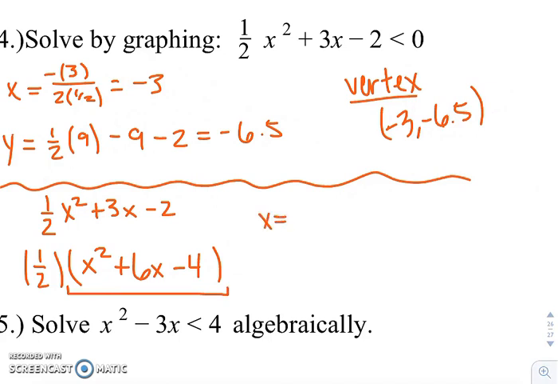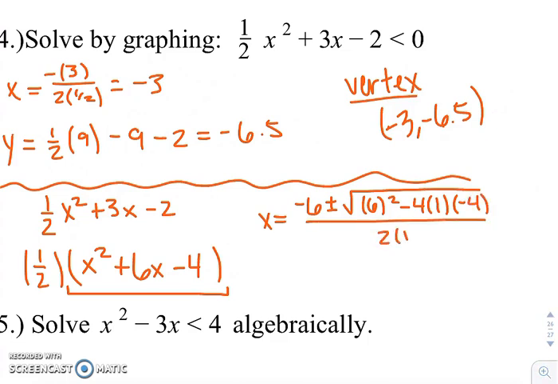So x will equal negative 6 plus or minus the square root of 6 squared minus 4 times 1 times negative 4, all over 2 times 1. So if you guys simplify that, we get negative 6 plus or minus the square root of 36 plus 16.